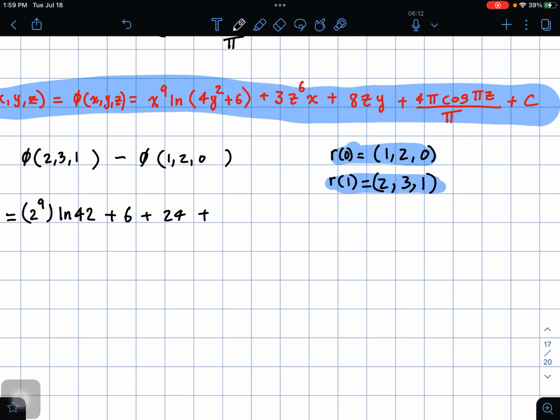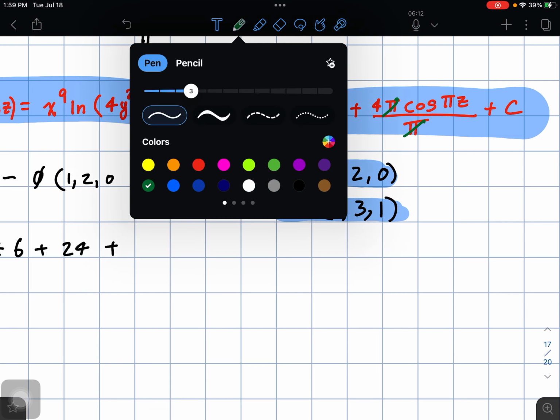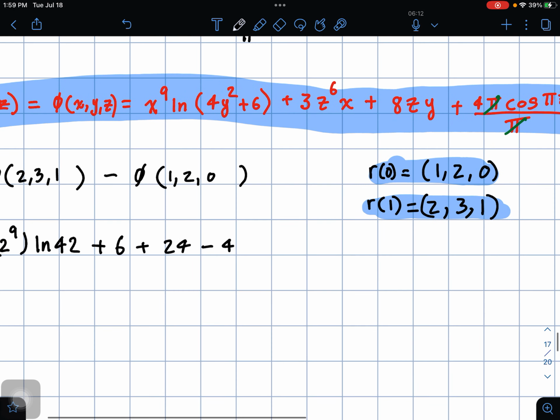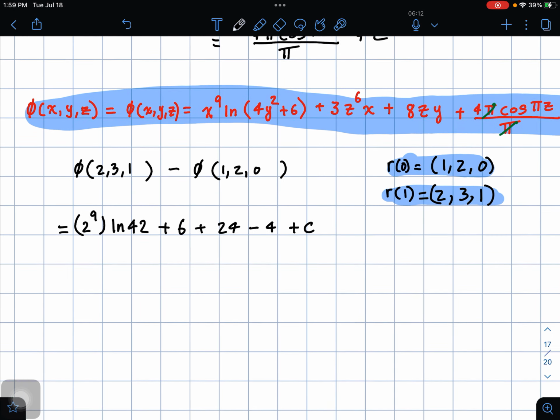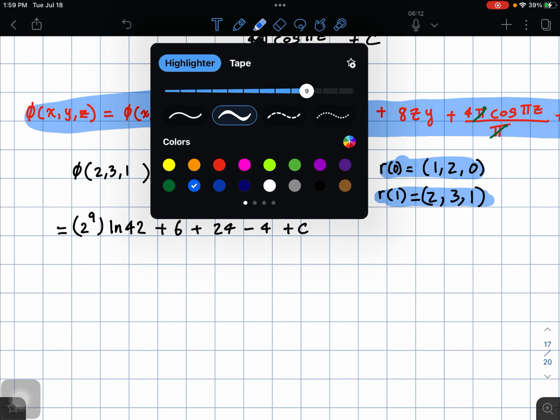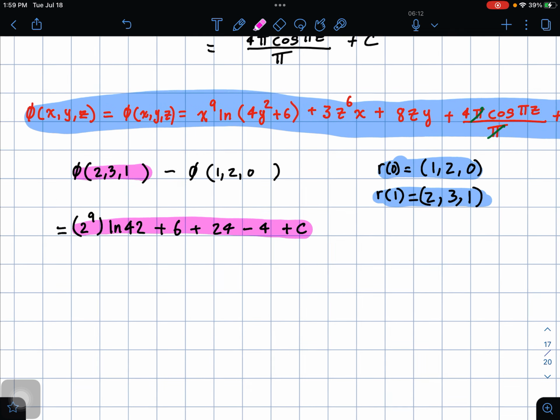Okay, I actually should have simplified this here. This pi and this pi cancel. So that's just negative 1 times 4, which is negative 4. And we have this plus c. It's going to disappear. Okay, this thing is this thing right here.